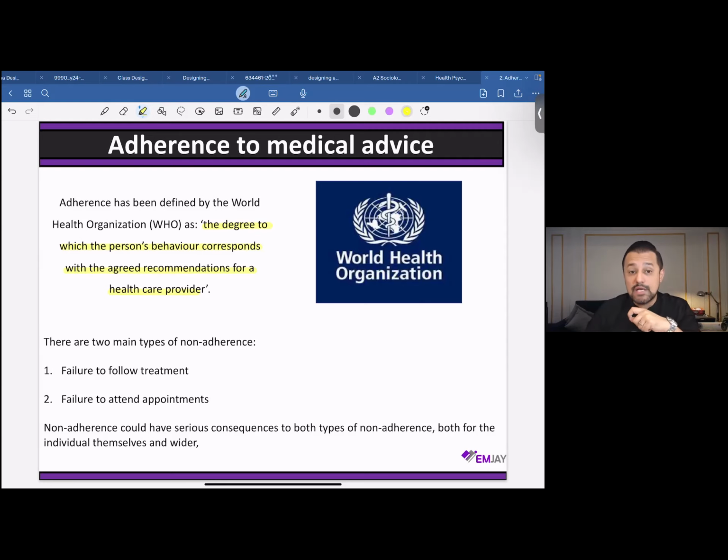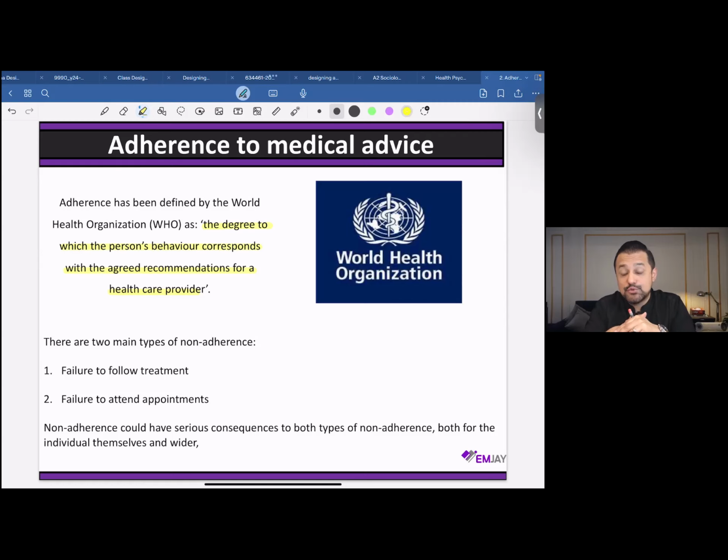The understanding we should have from this is the degree to which an individual, that is a patient, accepts and follows the recommended advice or the prescription that he or she has been given by the health practitioner. Or, in other words, the extent to which we end up following what the doctors ask us to do. This is how we define what adherence is.